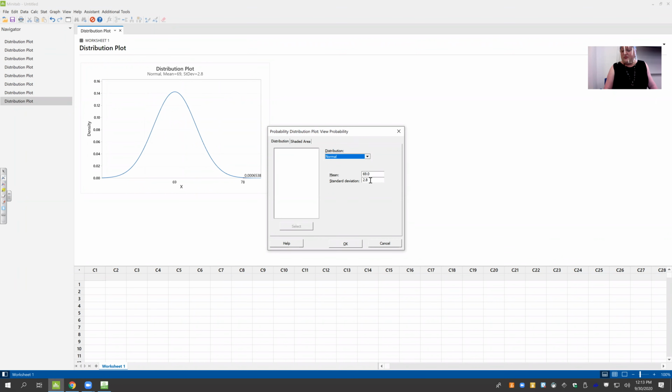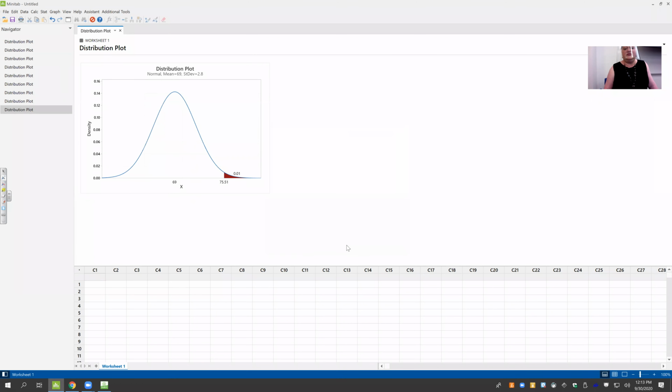Normal, 69 with a standard deviation of 2.8. We're doing it by probability, right tail, and we're excluding 1%. Okay. And we get 75.51. Okay, so 75.51.